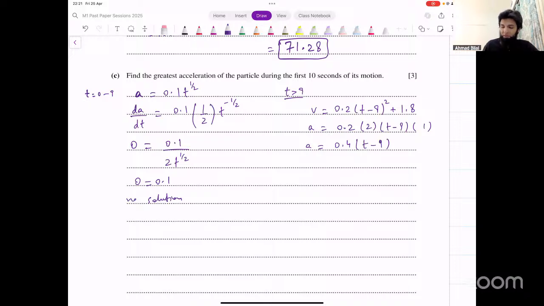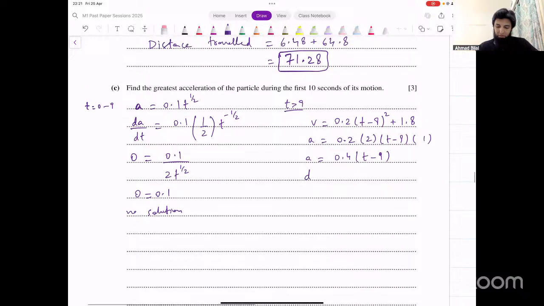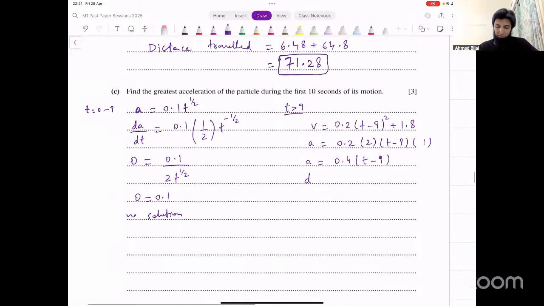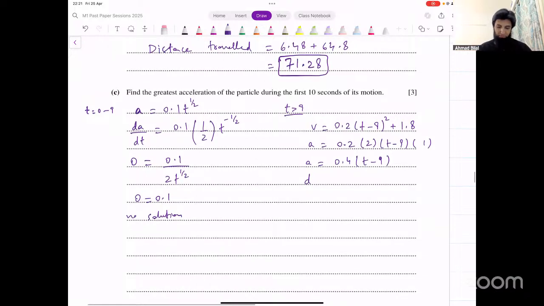Now we find the derivative of this, dA over dt. That turns out to be 0.4 into 1, which is 0.4. So what that tells us is the acceleration.